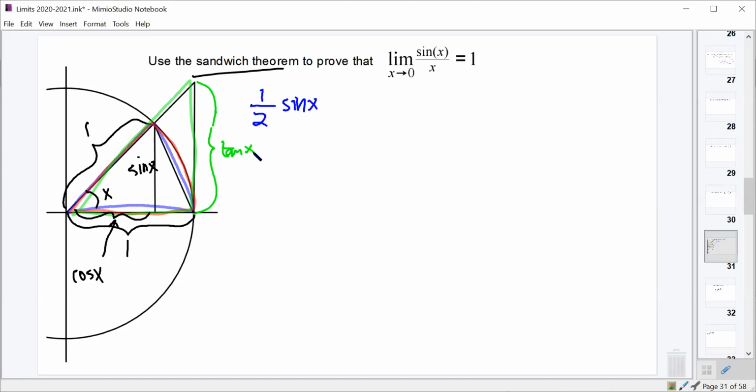Because tangent is opposite over adjacent, and since the adjacent side is 1, that's just the opposite side. Exactly. There's a right triangle here, and tangent of this angle x is the opposite leg over the adjacent leg, the opposite leg divided by 1. So if tangent x equals something over 1, that something has to be tangent x. So over here, I'm going to write that the area of that green triangle is 1/2 tangent x.